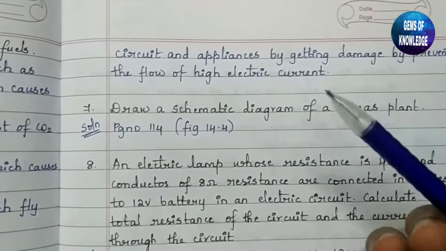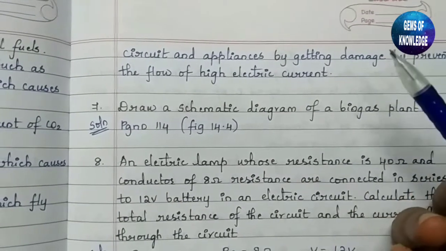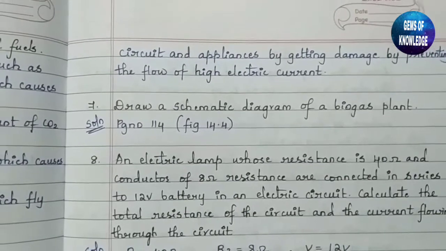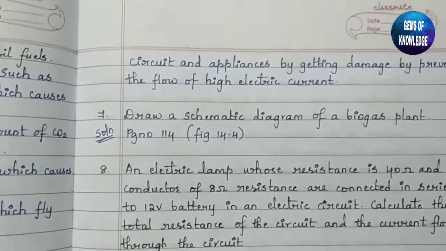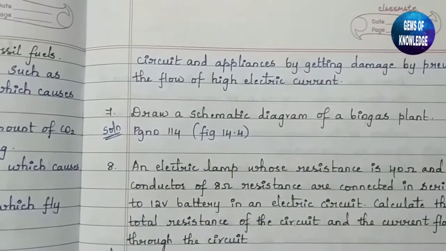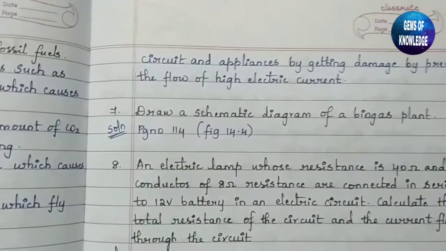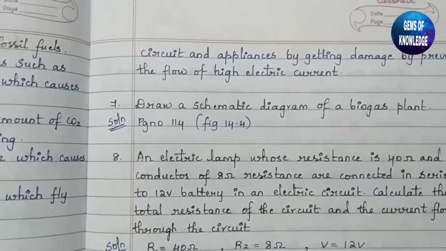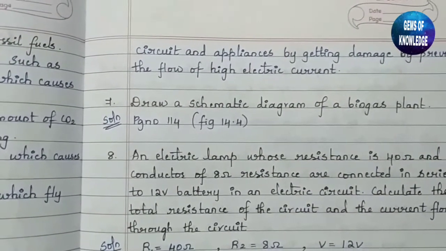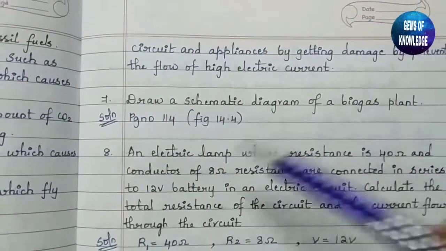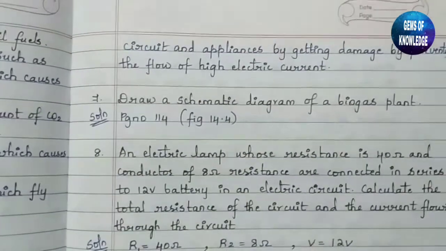So when short circuiting or even overloading takes place, at that time the fuse plays a very important role. If there is no fuse, then there is direct contact of that high current with your appliances and your appliance can get damaged. So if the fuse is present, it will help in preventing that current and preventing damage to your appliance.